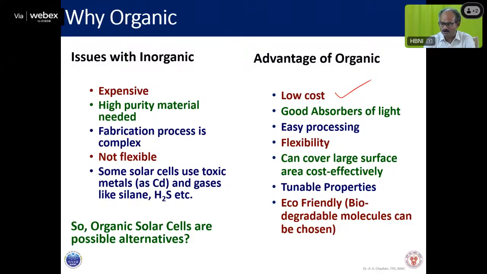When you compare the cost and all these advantages, the absorption is fine. I will show the absorption spectra also, and try to explain. So you will realize that even though absorption is low, we can still call it good absorption for photovoltaic purposes.